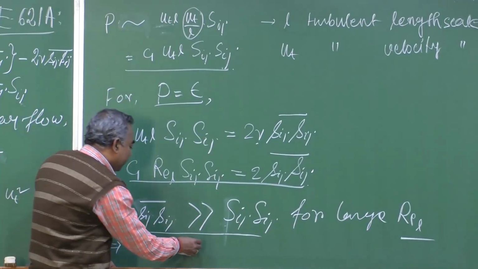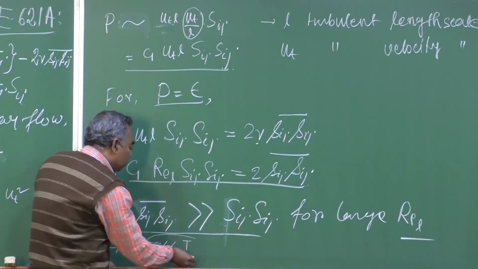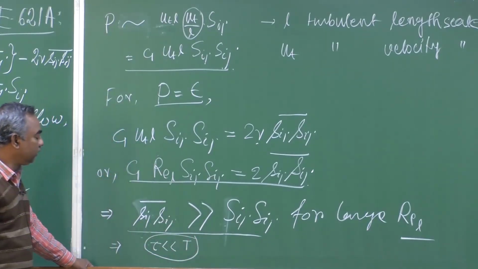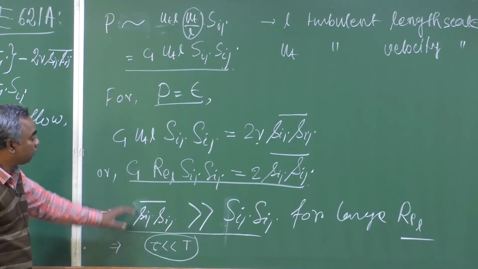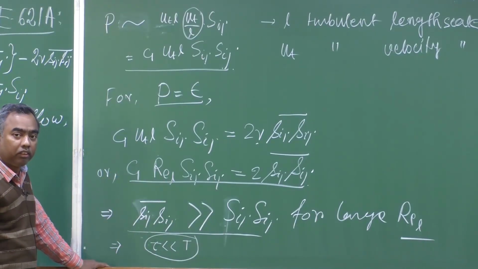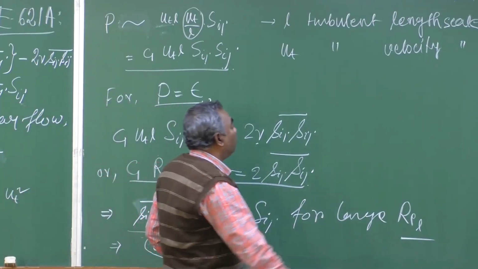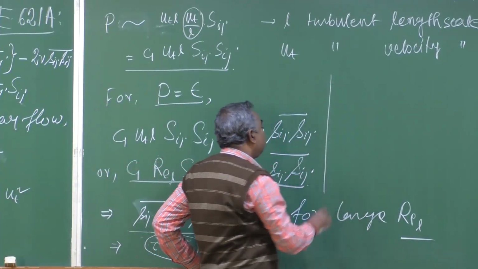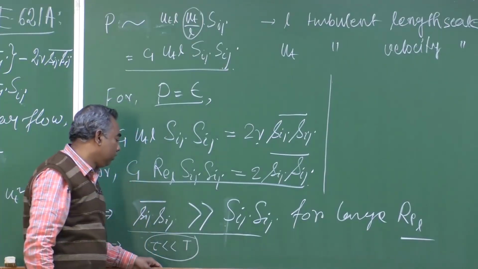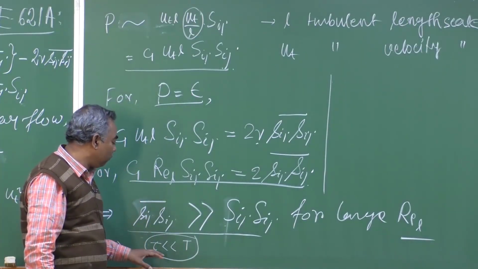Okay. So, if this is the case, then one important conclusion also comes out from this particular balance. That is what was missed in the last class, and let me discuss it here. What do we say here?